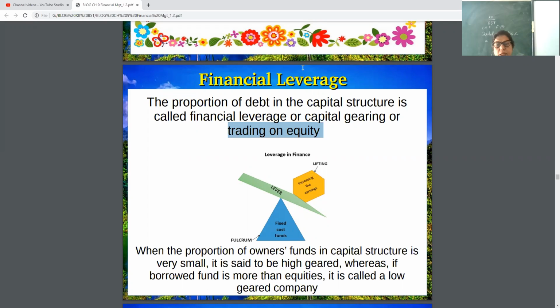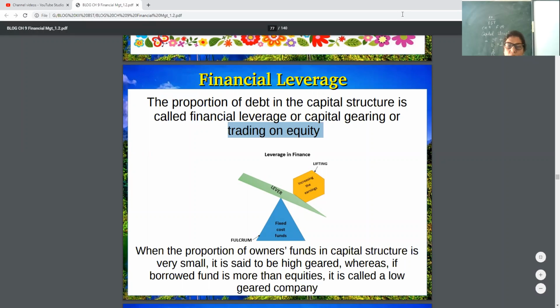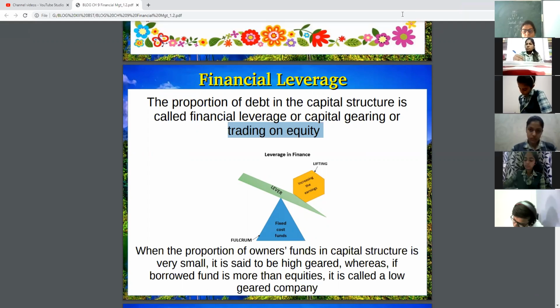Debt means debentures and long-term loans taken by the company. See, in the books, that topic is given in a very tough language, so I try to make it easy for you.